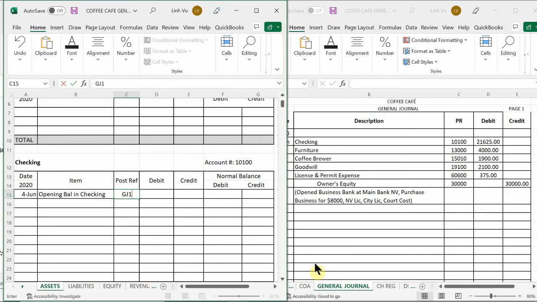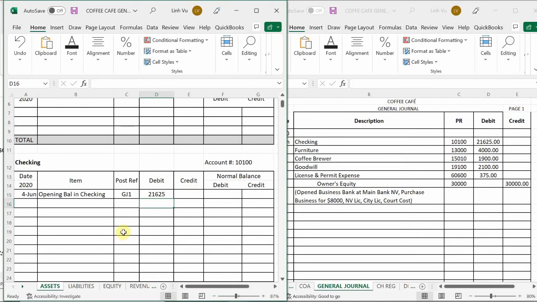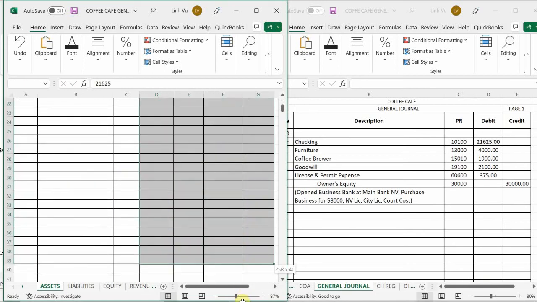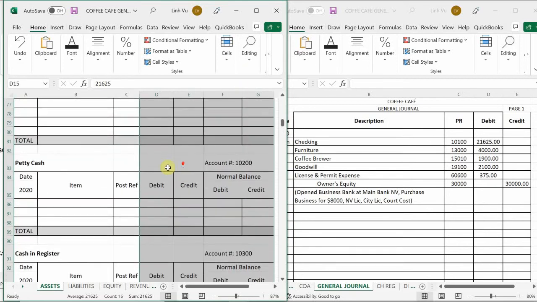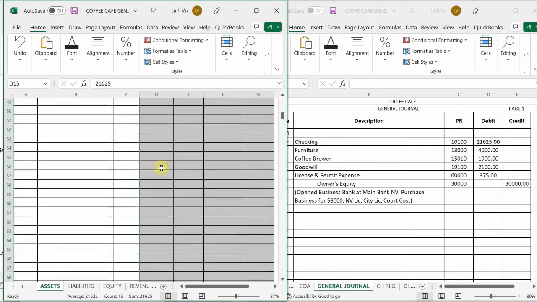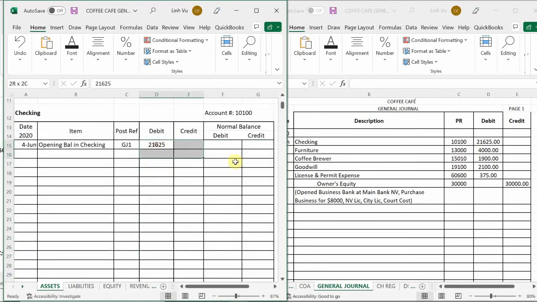Now, exactly how you have it in your journal, what did I do? You debited 21,625. I debited it in my journal, so therefore it's going to appear in my ledger the same.